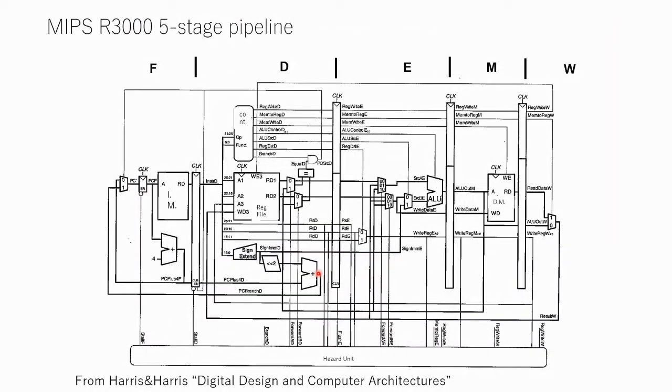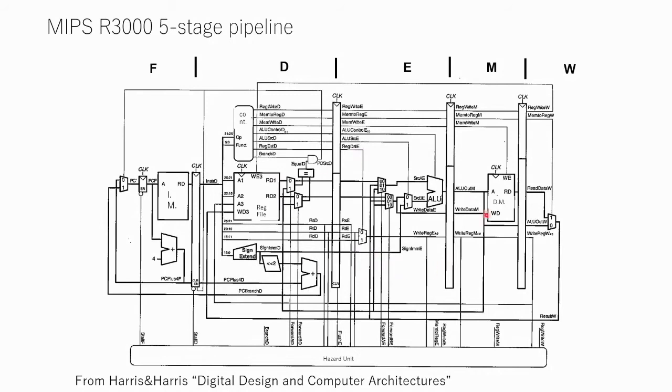Okay, so this diagram shows the famous MIPS R3000 5-stage pipeline. It consists of instruction fetch, decode, execution, memory access, and write back. So you can see a lot of multiplexers. Well, it's for data forwarding. And some hardware is needed to interlock the pipeline.